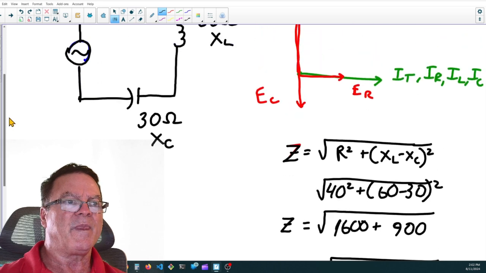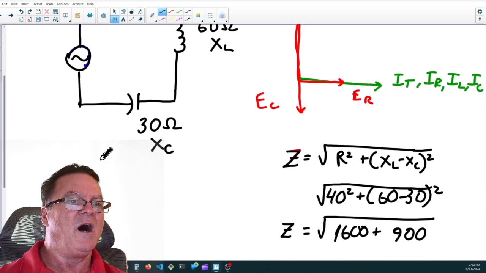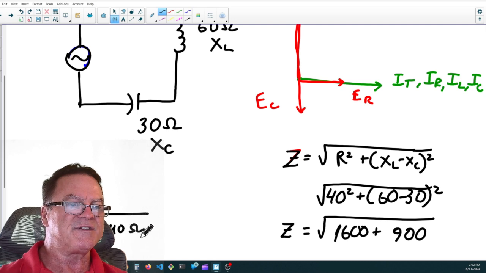So I can go back over here and I can say that I have a vector and it is 40 ohms of resistance. And I have a vector and it's 60 ohms of inductive reactance.